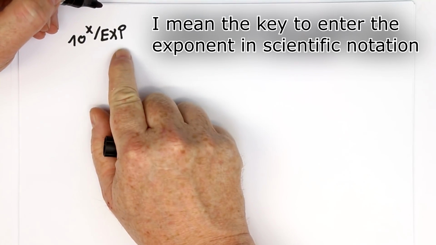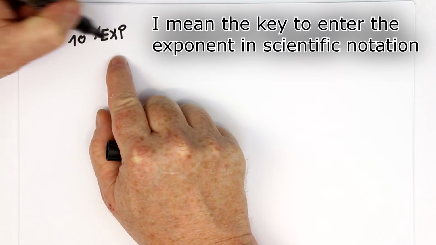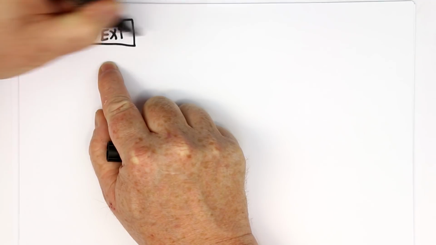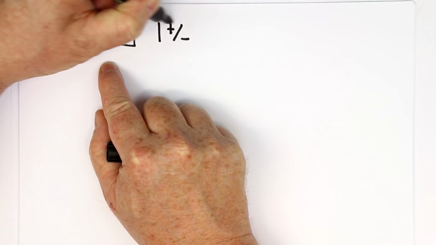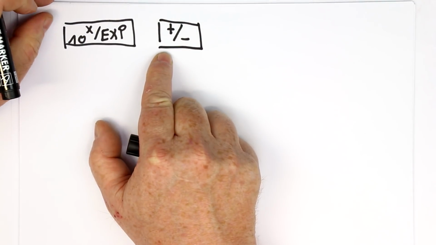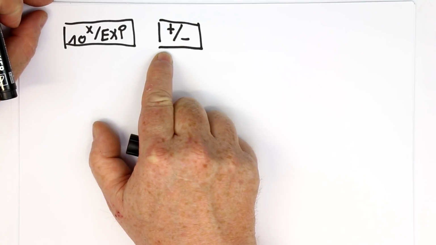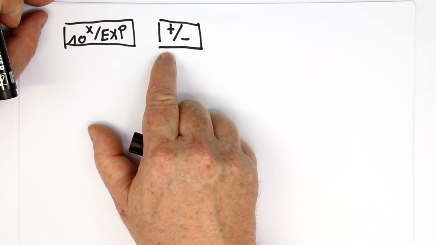Some keys should be self-evident, but as we'll see later, they aren't, like the 10 raised to the x power, or usually it's the exponential key. And we of course need a direct key for changing the sign of the mantissa or of the exponent.